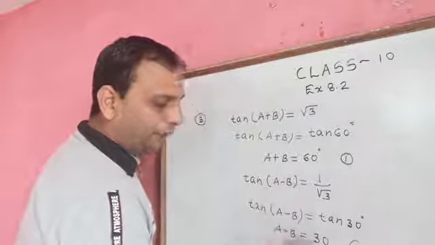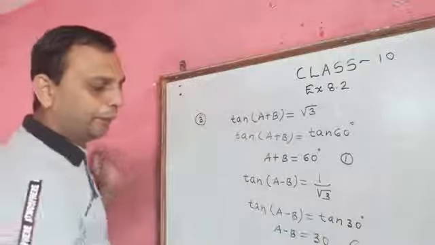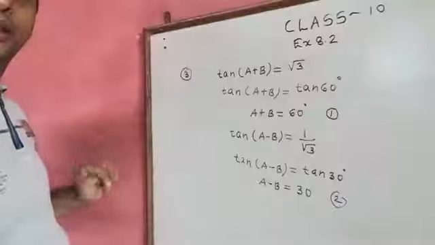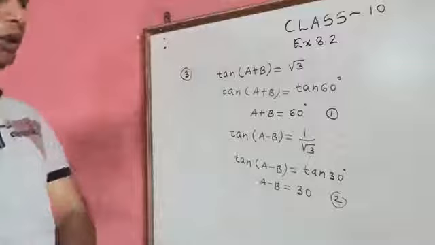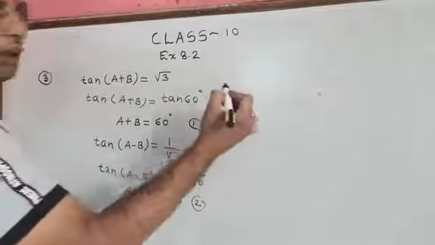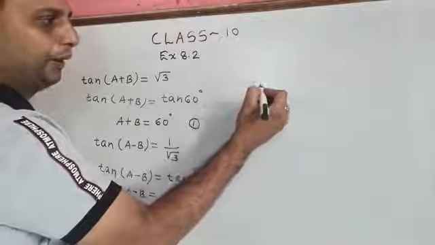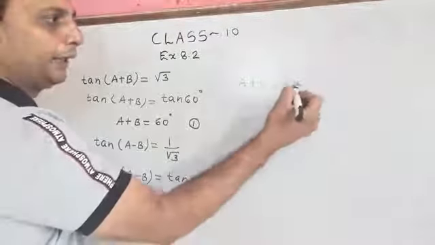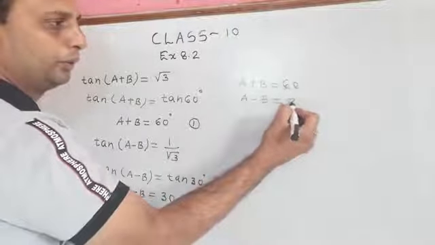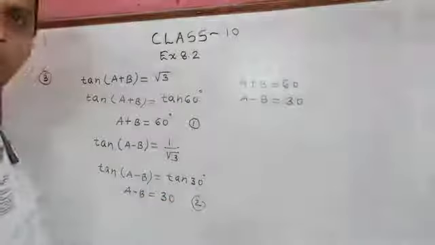Now we have to find the values of a and b. So we write here a plus b equal to 60 degree, a minus b equal to 30 degree.